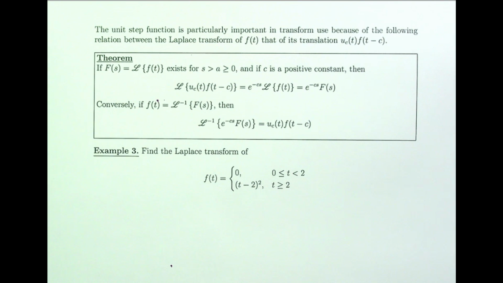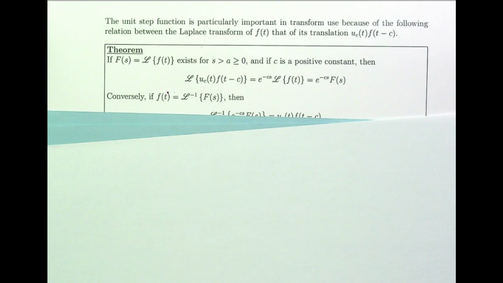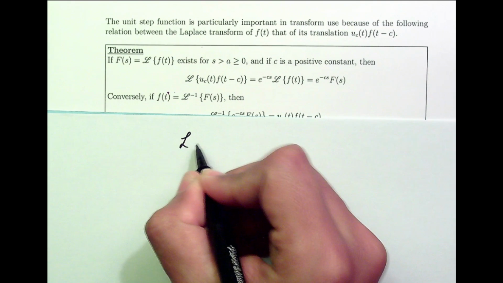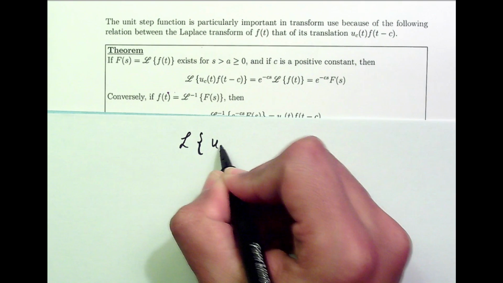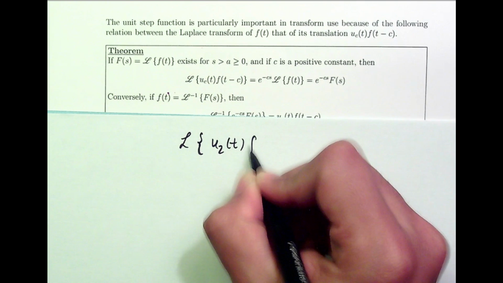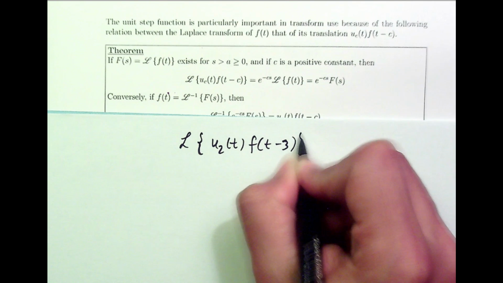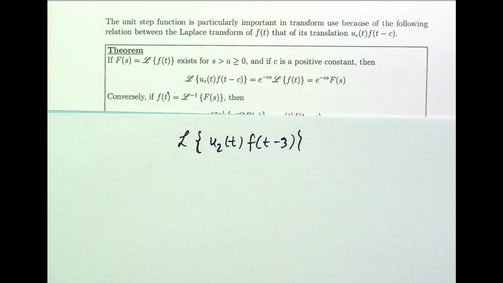So if those two numbers are not matching, you cannot use this. In other words, if I was trying to figure out the Laplace transform of something like this, u2 times f of t minus 3, then I'm stuck because I cannot use the formula.